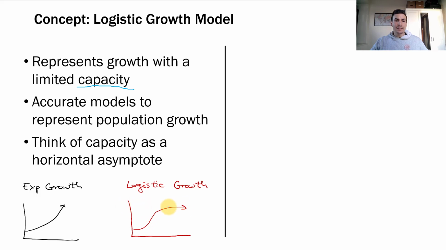Whatever this capacity is on our graph, that's going to be whatever horizontal asymptote we're approaching. So keep that in mind if you were asked to find whatever the capacity is or the equation for the capacity. You're really finding this horizontal asymptote that you can't pass with your logistic growth.